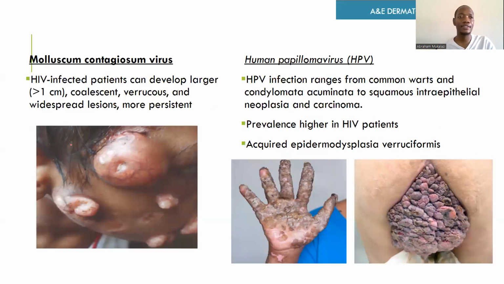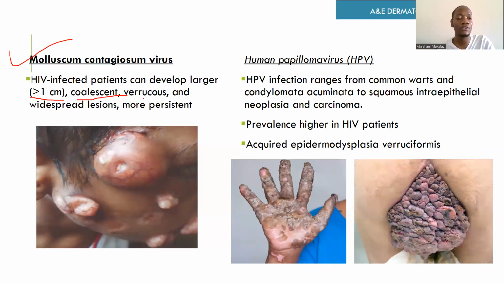So the next virus, we call it molluscum contagiosum. This one also affects any individual, but when it comes to HIV, it becomes more stubborn, more severe, and more atypical. In this case, the patient will present with very giant molluscum, which may be even more than 1 centimeter in diameter.